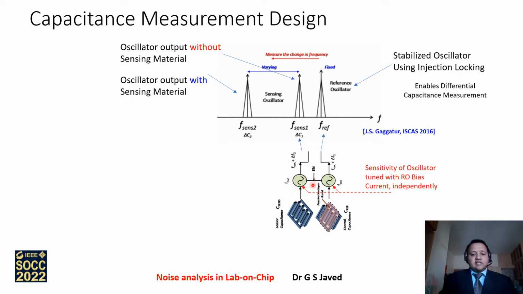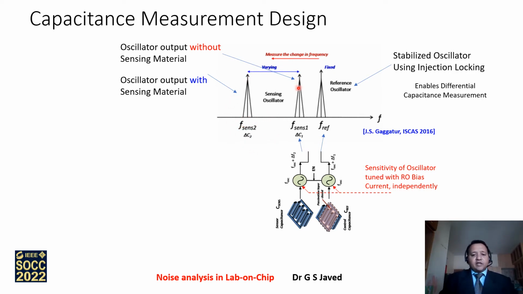Each of these oscillators is enabled at the same time, and when there is no load present, there is a finite FREF and a finite FSense corresponding to the reference oscillator and the sensing oscillator. When you load the sensing oscillator with the sensing capacitance, the frequency decreases, because as the capacitance increases, the oscillator's frequency reduces. This difference in frequency can be directly correlated to the delta in capacitance.